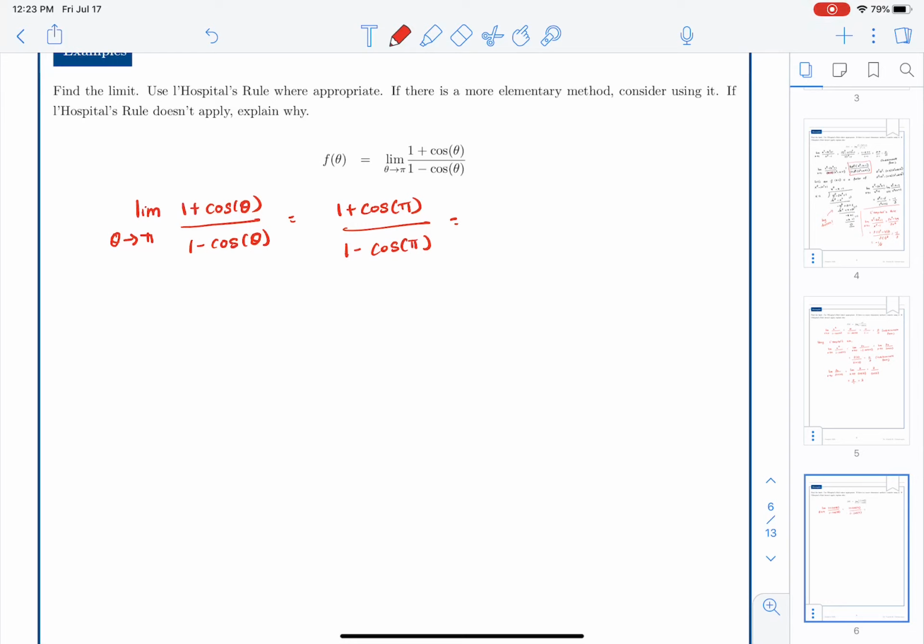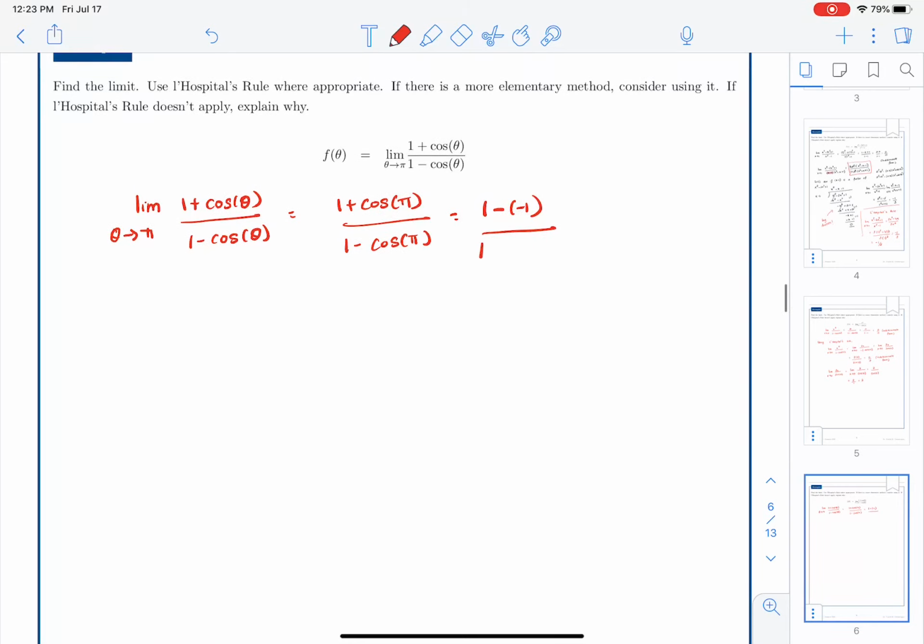Cosine pi is negative 1, so we have 1 minus 1 divided by 1 minus negative 1, so we get 1 plus 1 divided by 1 plus 1, we get 2.